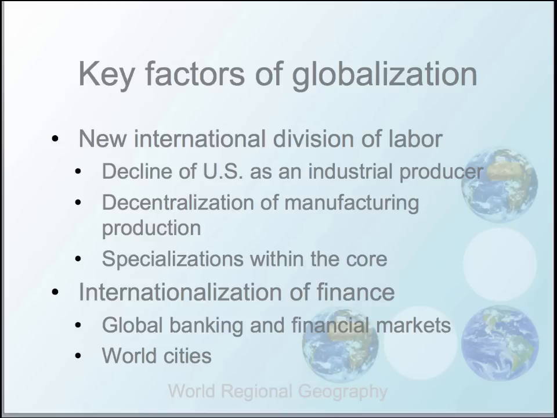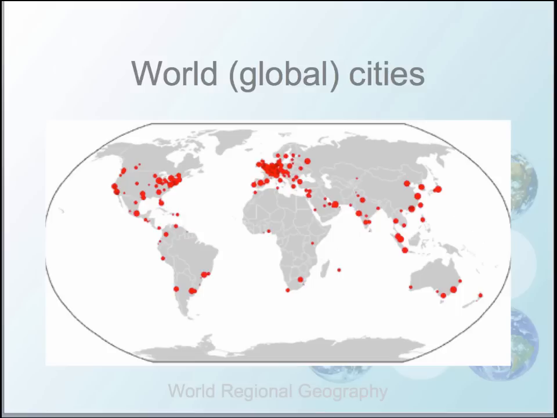The internationalization of finance means that banking and financial markets have taken a global turn. And in any world city, you can find headquarters of international corporations, stock exchanges, banks, and the free flow of money and goods.